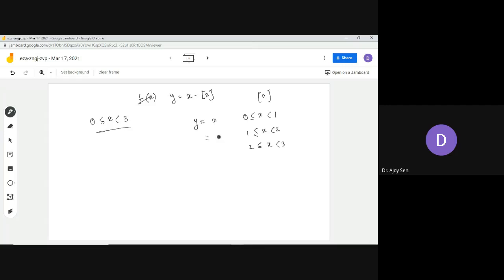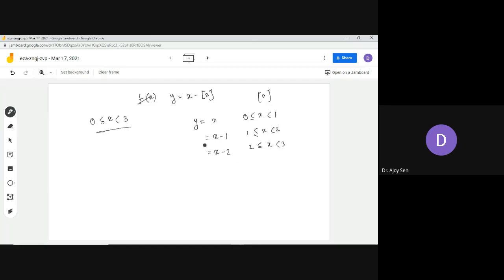Whenever x is lying here, 1 to 2, the value of box x, as you know, is 1. So this is x minus 1. And whenever x is lying between 2 to 3, carefully note that the lower bound is included but not the upper bound.